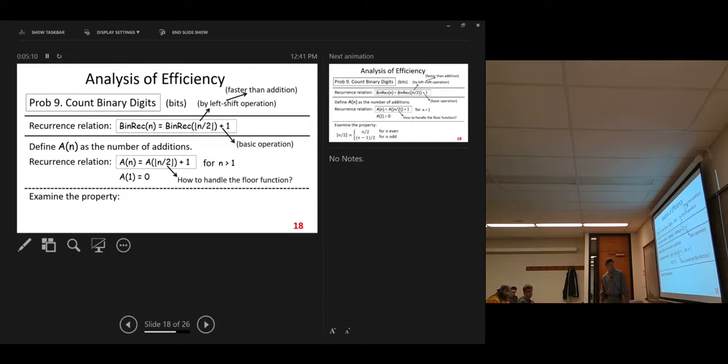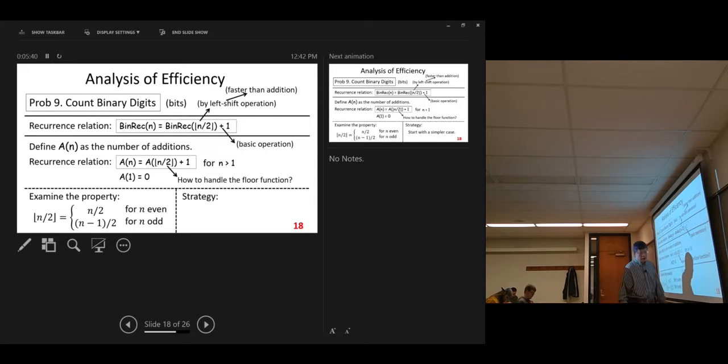For an even number divided by 2, that's an integer, no fraction part, so we just take it. For the odd case, we need to drop some fraction. That's the definition of the floor function here. So based on that, our strategy, which we have used many, many times, is still to start with a simpler case.